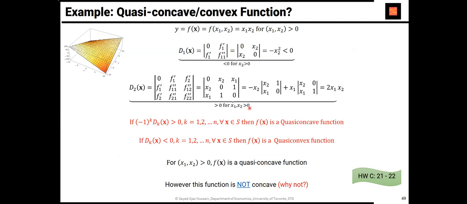Because for a concave function, what did you need? You needed the Hessian matrix to be negative semi-definite, right? So if you play around with this, you can take this as an exercise and show that it will not be concave.